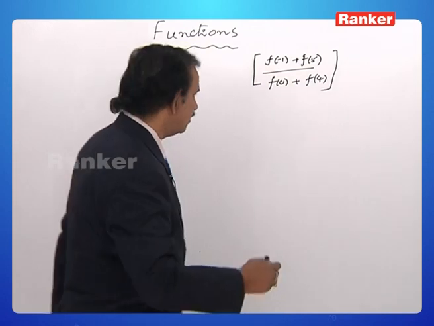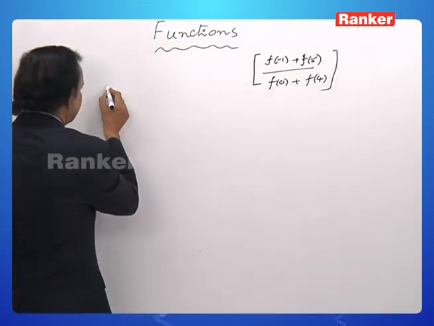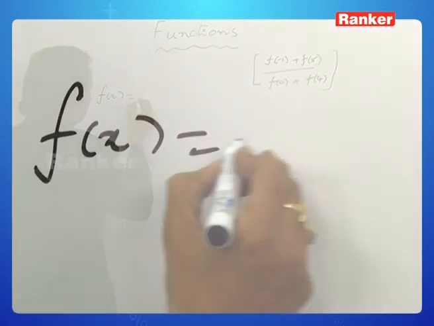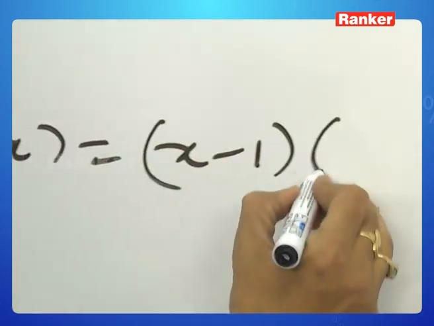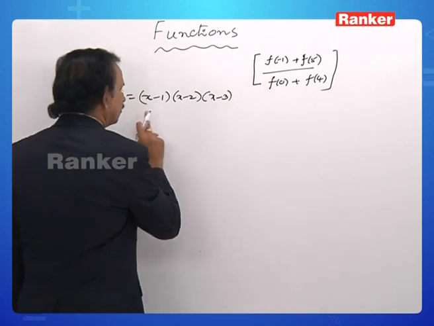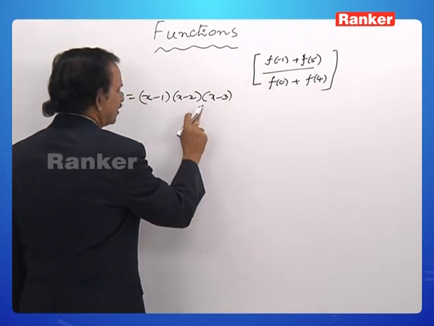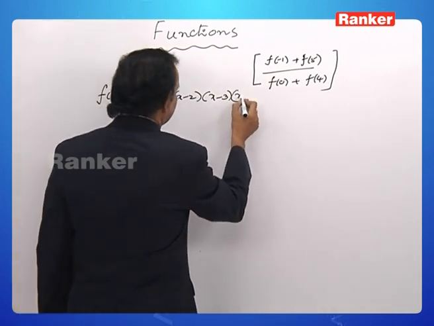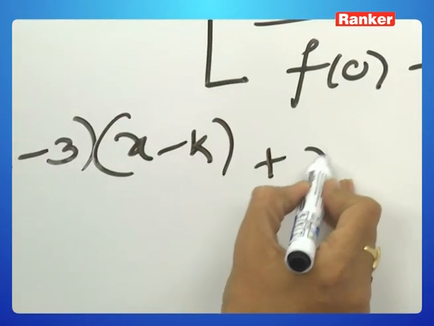So, there is no harm in assuming that f(x) = (x-1)(x-2)(x-3)(x-k) + x.